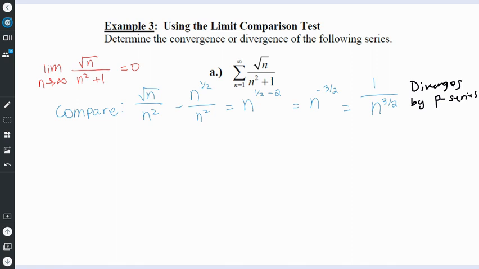Then what do we do? So we find the limit of the original.